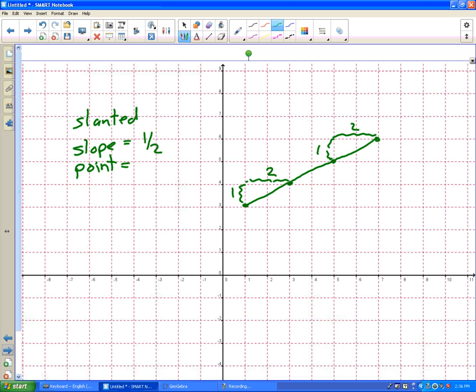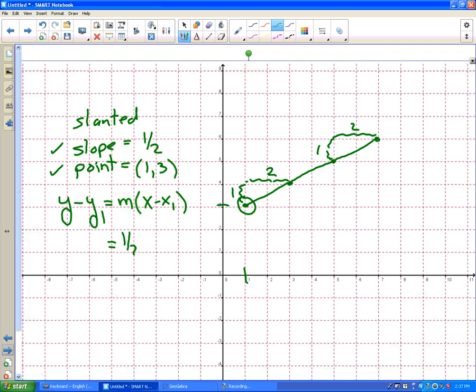Next, pick a point. Now let's take this point right here. Its ordered pair is (1, 3). Read off the coordinates. Now we're going to take these two pieces of information and plug them into y minus y1 equals m times x minus x1.